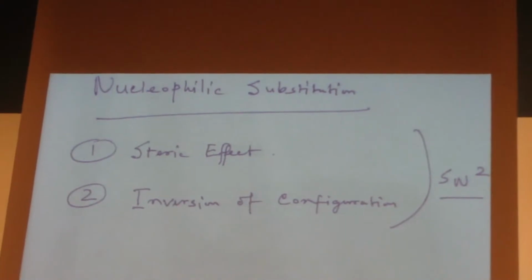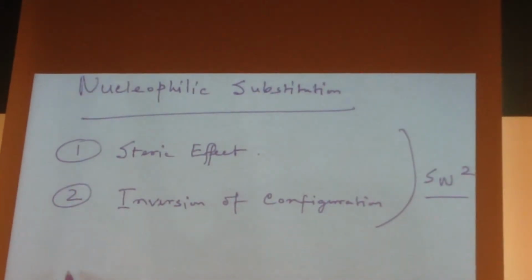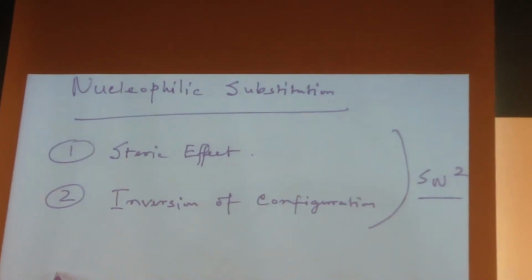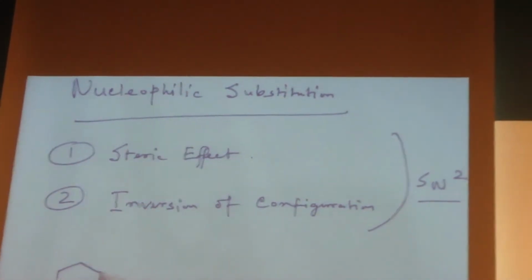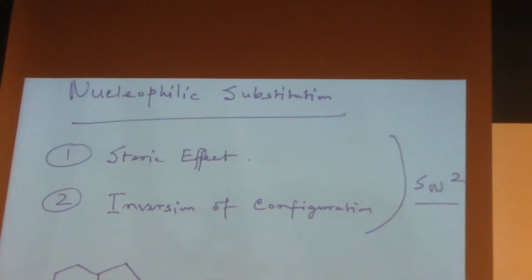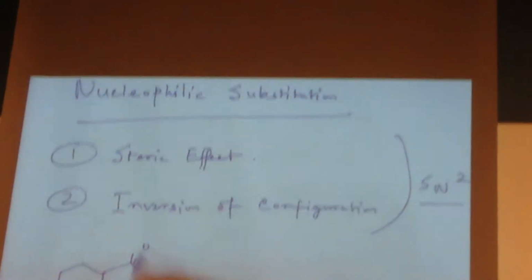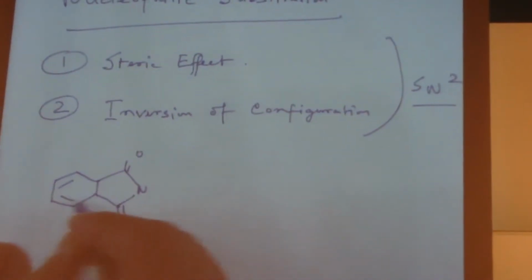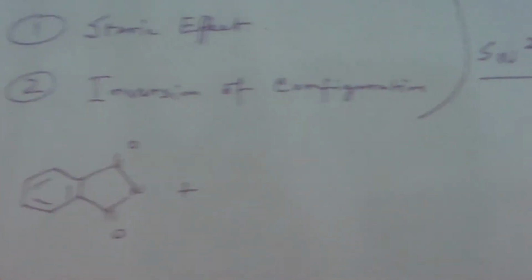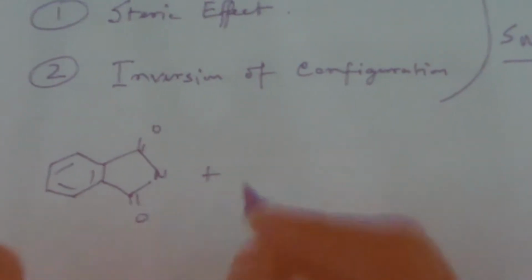And just to give you an example, there is a problem in your text that asks you to come up with the solution of this, telling you essentially that you have this compound reacting with 1,4-dibromo.